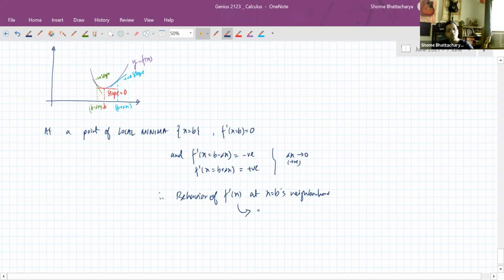It is decreasing. Sorry, it is increasing. That means its rate of change should be positive.